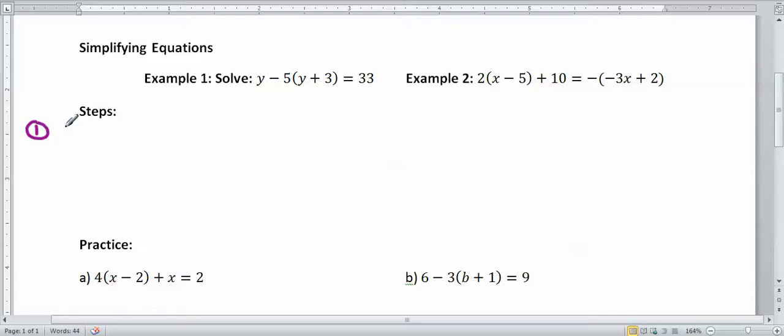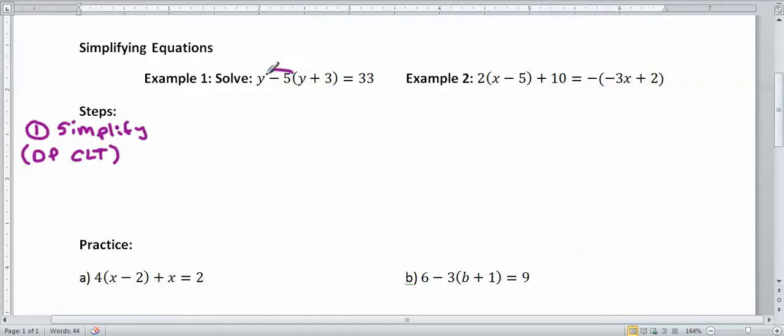I'll do that here in purple. Remember that's distributing and combining like terms: the distributive property and the combining like terms property. Looking at this problem, the first step is simplify. Got to get rid of the parentheses.